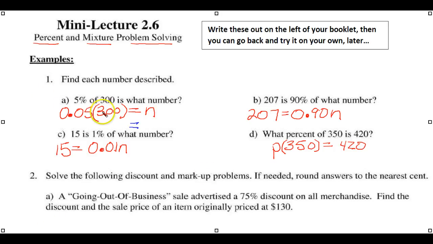So for letter A, this is straightforward. Just multiply this. I've put it in my calculator already, and this gives us 15. Now here we're going to do division because 0.90 is the numerical coefficient of n. So we divide both sides by 0.90, or just 0.9 would be good.